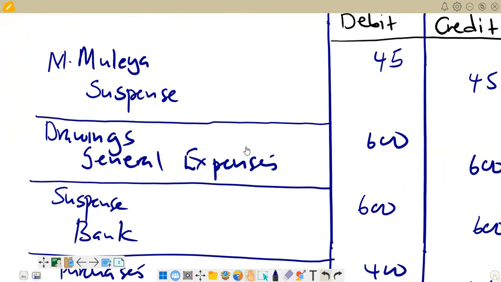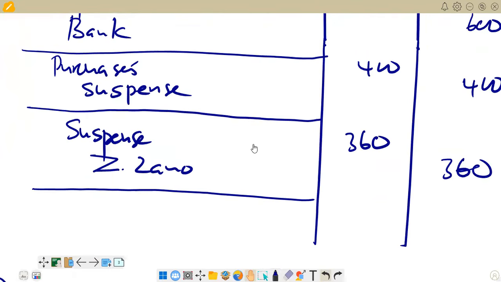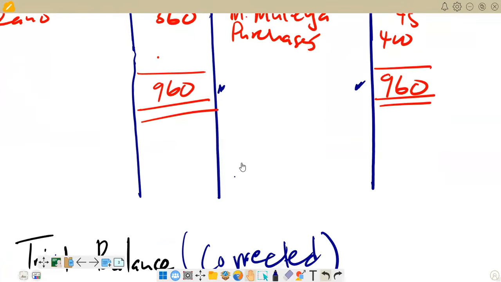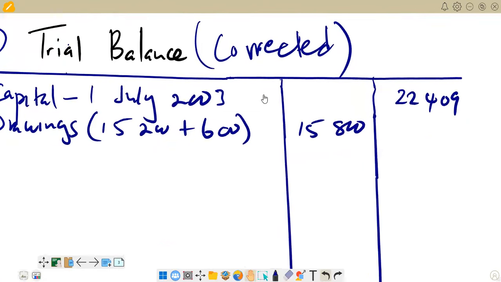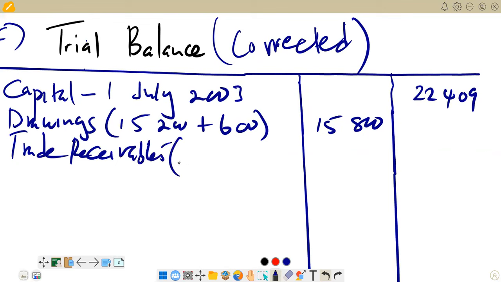So we go up to the corrected trial balance again. The figure that we are given there for trade receivables in the trial balance is 16,500.